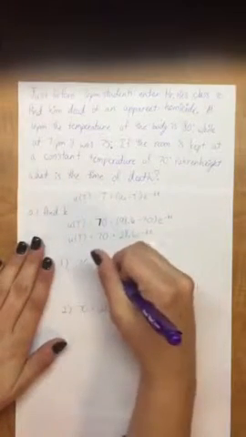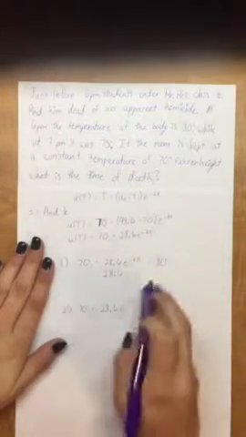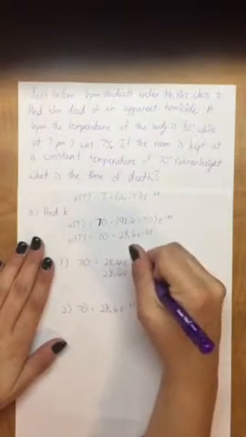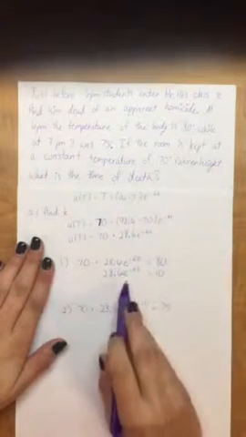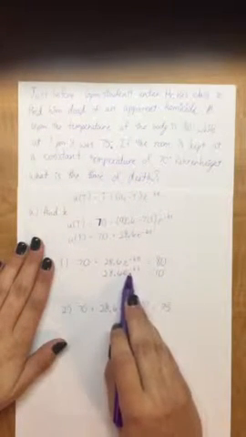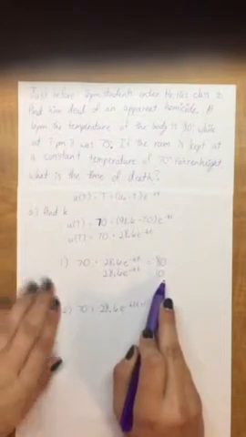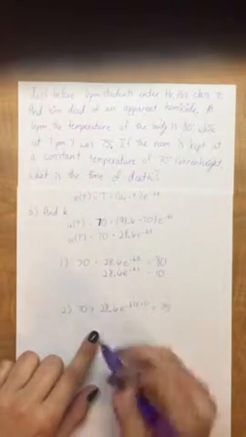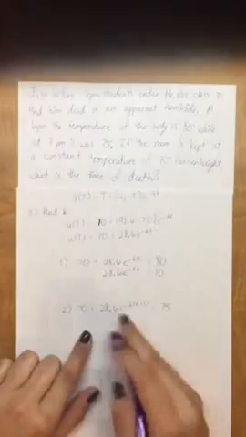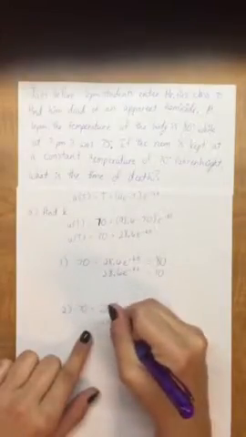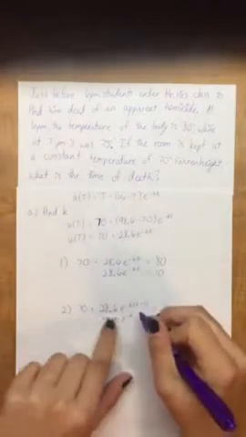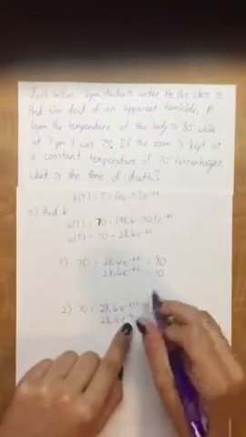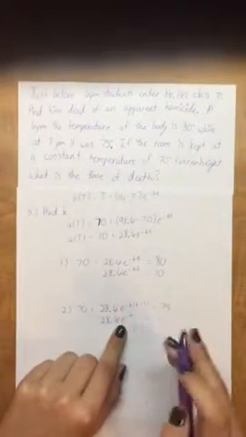Now, you would just subtract the 70 from this side, and you would get 28.6 times e to the negative KT equals 10. And you would solve down here, subtracting the 70, making this 28.6 times e to the negative k, which would have to be distributed amongst this number.